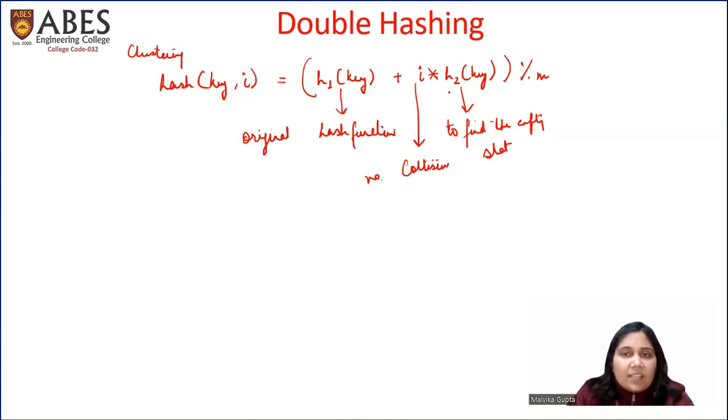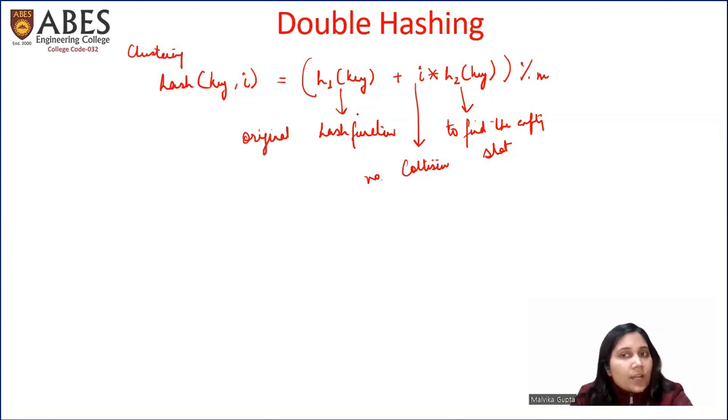H2(key) is always given to us, and H2(key) and m are relatively prime, so that we have the maximum chances of finding empty slots. Most importantly, in quadratic probing there might be a chance that we cannot find an empty slot if the size of the hash table is equal to the number of elements.